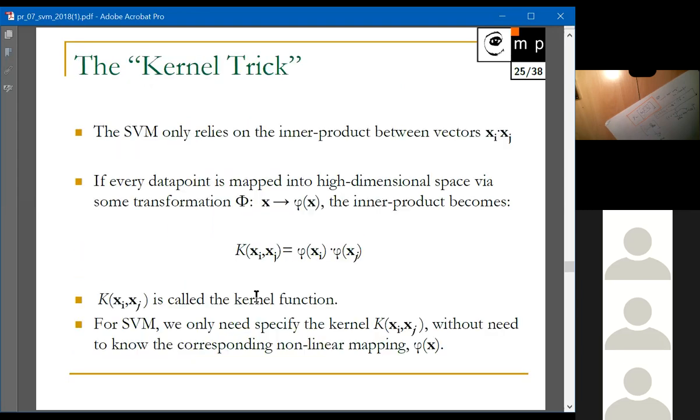The general formulation is this. There exists a huge class of functions which we can call kernels, and they have to have this property: they are symmetric, like dot product, and they are positive definite, so that they can be used in SVM calculations.